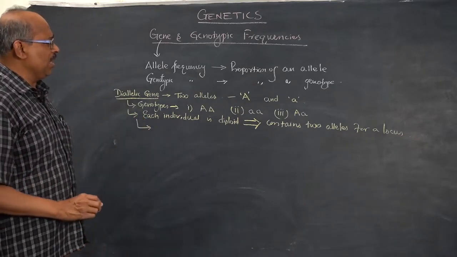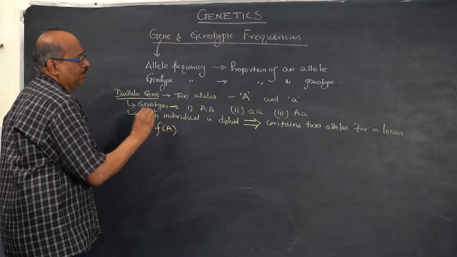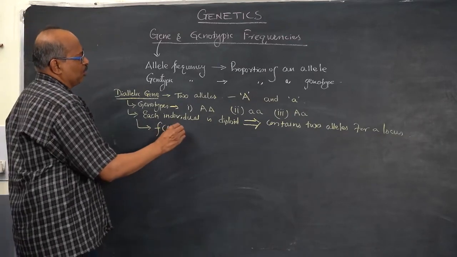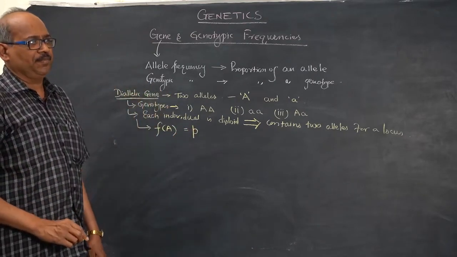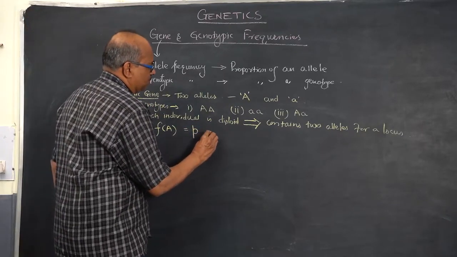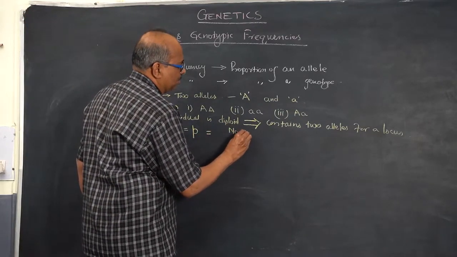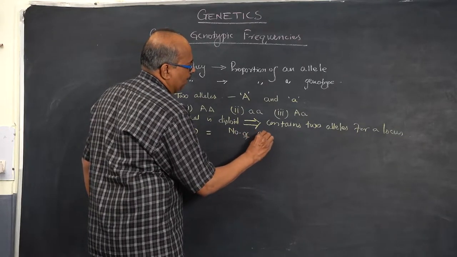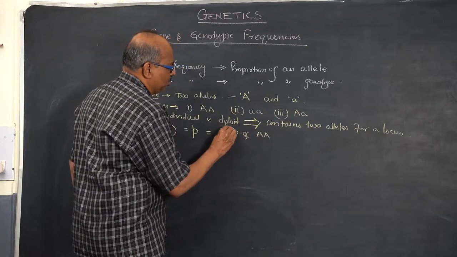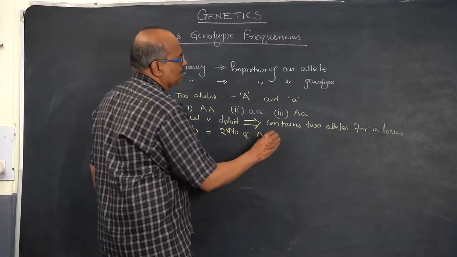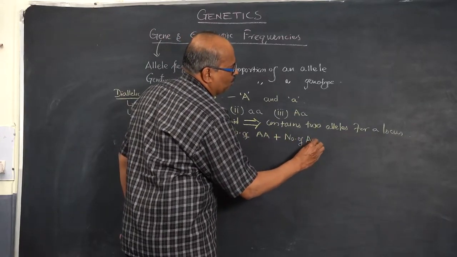If I look at the frequency of capital A, f of A, I can represent this with a symbol, the usual symbol that we take for the first allele, P. This will be the number of individuals having capital A, because each has two alleles, 2 times, plus the number of individuals having capital A small a.